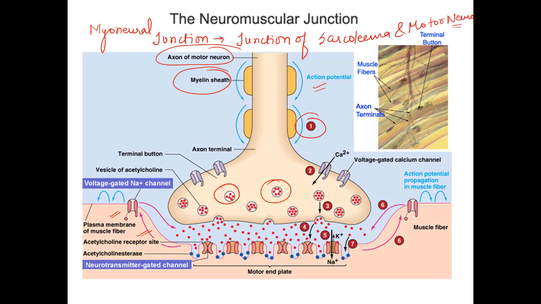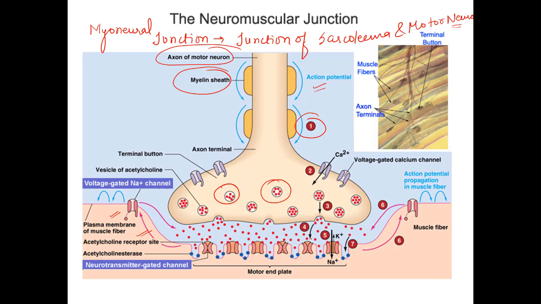These are the neurotransmitter gated channels, the motor end plates. The neurotransmitter comes in contact with these proteins along with the T tubules and the sarcoplasmic reticulum, that is, the sarcotubular system. The calcium ions are released.